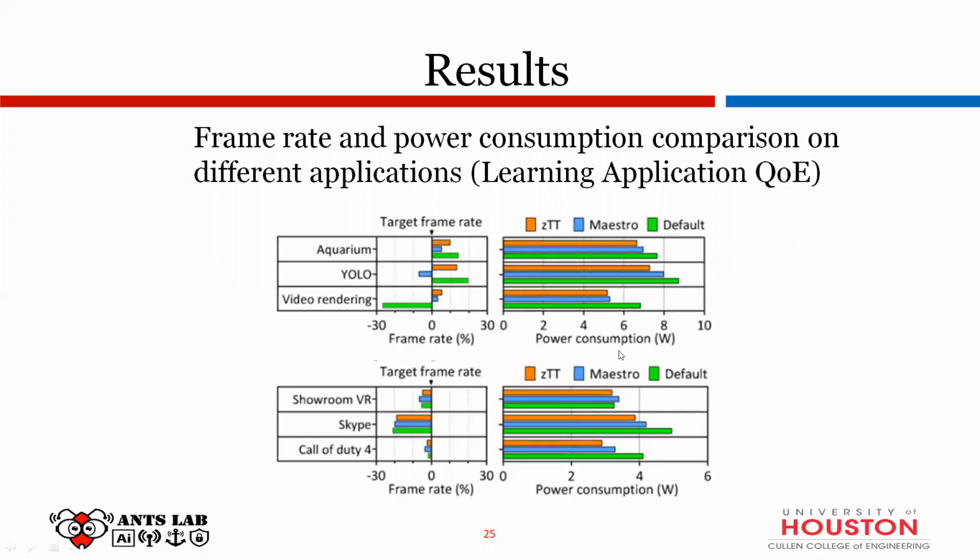All right. So I'm still not convinced by your explanation. I don't know why Maestro is worse than zTT, because you don't show me how many times Maestro reached thermal throttling, right? If you think about the average power consumption and the performance here, they're similar.